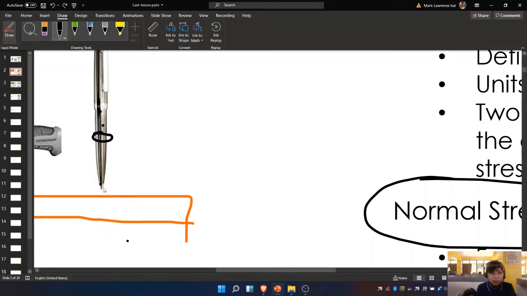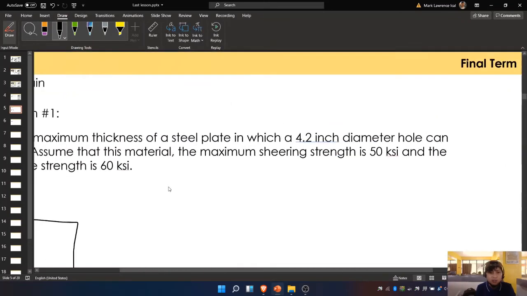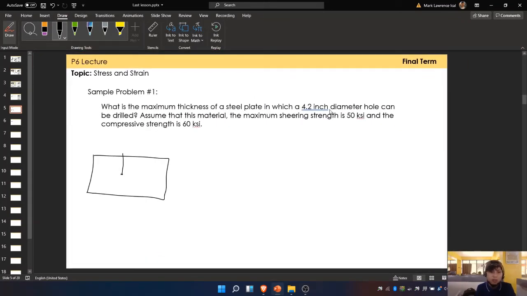But eventually, kapag nabutas niya yan, kapag nag-penetrate yan with enough force, kapag diniin nyo yan, kapag malaki yung force na in-apply nyo, mabubutas nyo talaga yan to the point na yung diameter ng butas ay kasing laki na ng original na pantusok. So, ganun din naman yun dito. Okay? So, ibig sabihin, 4.2 inch diameter siguro yung pang drill.